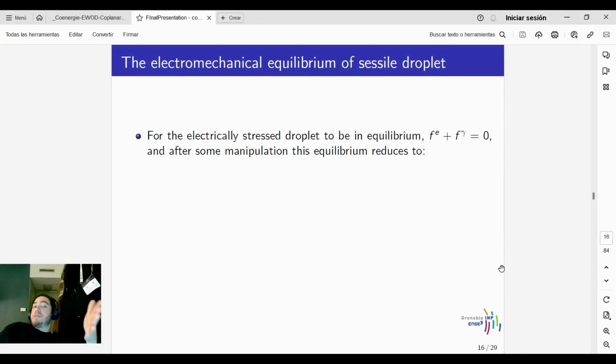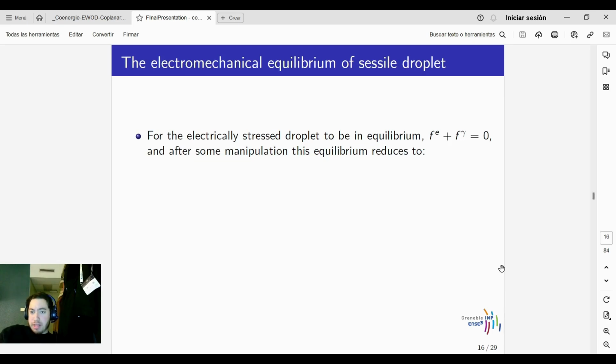So in the next part of the paper, the author mentions the electromechanical equilibrium. Now once we have introduced the electrical force definition and the mechanical force that we defined in the first part by the hydrostatic equilibrium equation, if we can say it like that, we can say that the sum of both forces will be equal to 0 by electromechanical equilibrium.